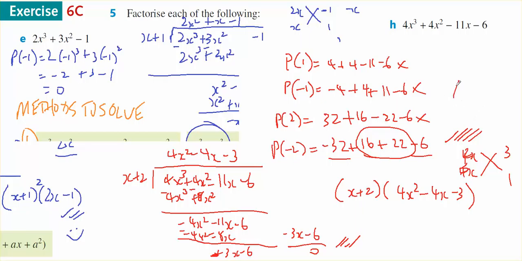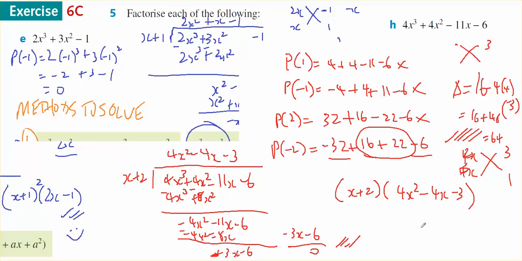So I'll use my discriminant, which is 16 minus 4 times minus 3, 16 plus 48, 64, so I should be able to do it.